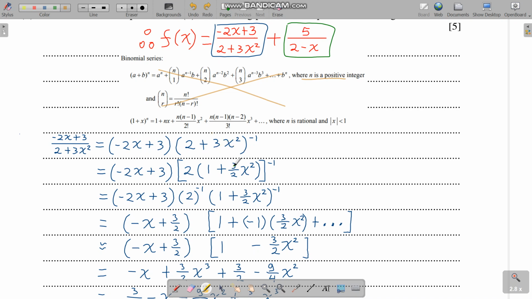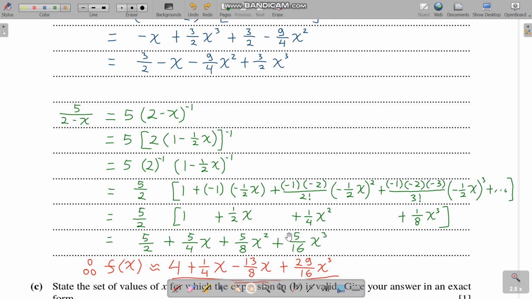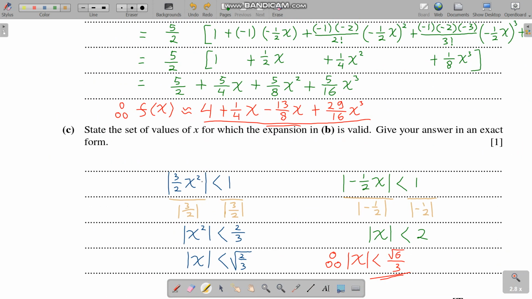The x is, well, when we use the binomial expansion formula, the x is 3/2x squared. So we have to use 3/2x squared. Modulus of 3/2x squared is less than 1.